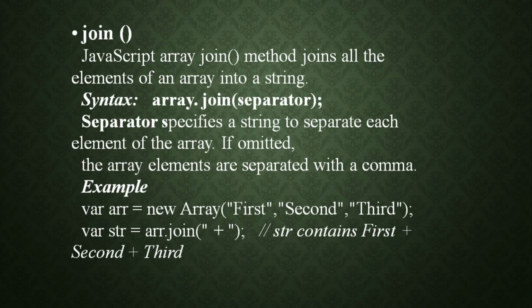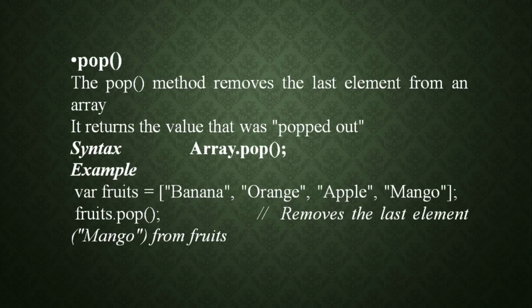The syntax is array dot join of separator. The separator specifies the string used to separate each element of the array. If you see the example, where add equals new Array first, second, third, now I am using join with a plus symbol as the separator. Now it returns first plus second plus third. This is about join.